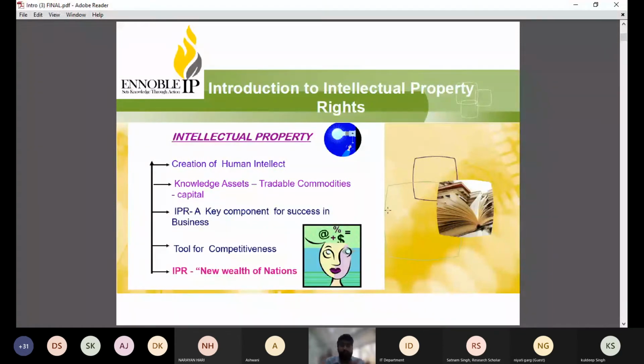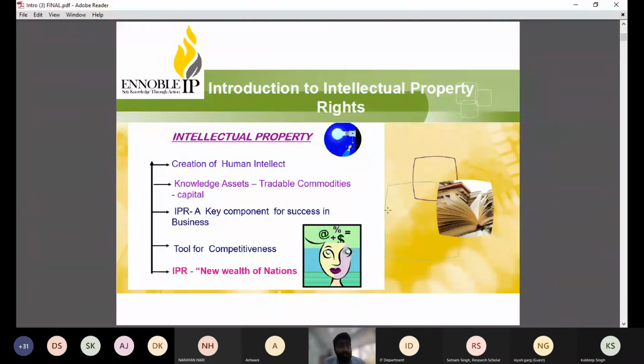Now to protect those assets, the government of India provides us certain rights which are called intellectual property rights. These rights are given to our assets, just like we have mobile phones. These are our tangible assets. We have vehicles, smartphones, gadgets, watches, shoes, right? So these are all our assets, meaning our tangible property. In a similar way, our ideas are also our intangible property.